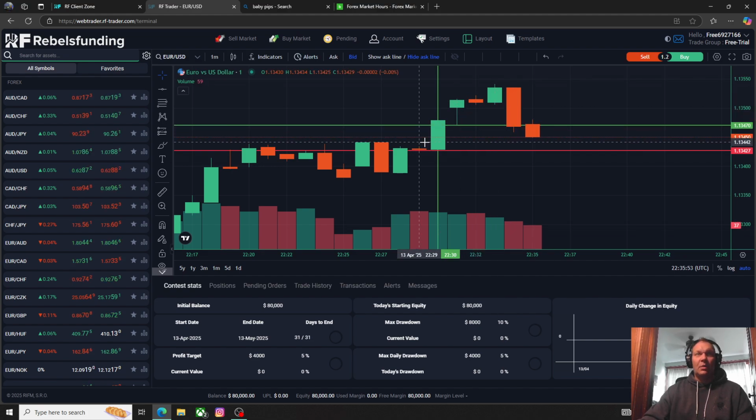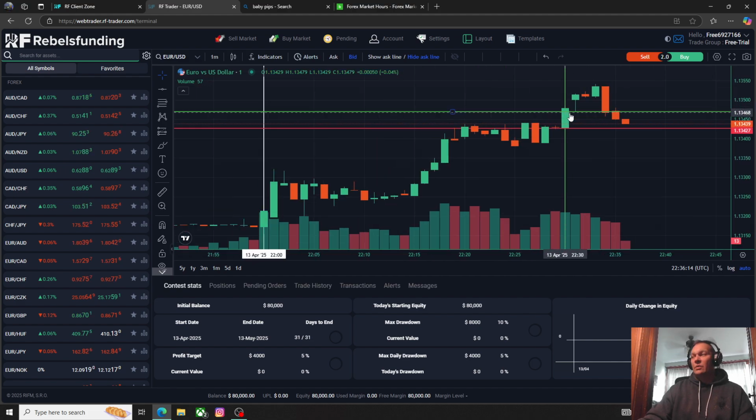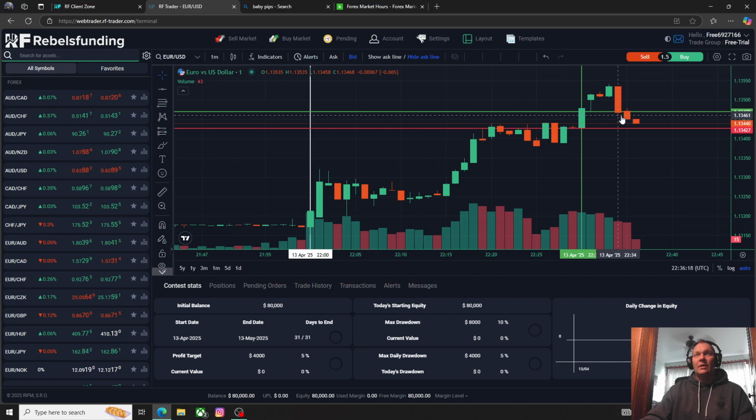What we're looking for is it to come down, bounce here, make its way up here, or we're looking for it to come down and find resistance and then go to the downside, or the exact opposite, we're looking for it to bounce here and go to the upside, or come up, bounce, and go to the upside. So either way, there's about 4 different ways this could go. And right now it's looking like, at least for one thing, it's going to come down.